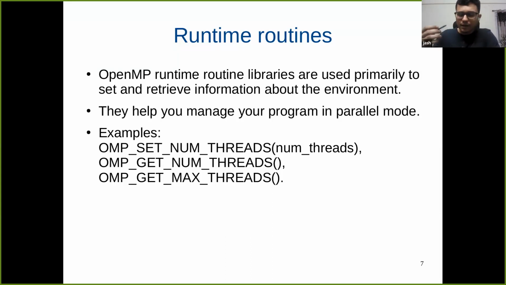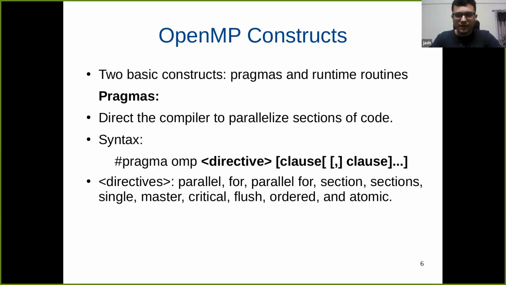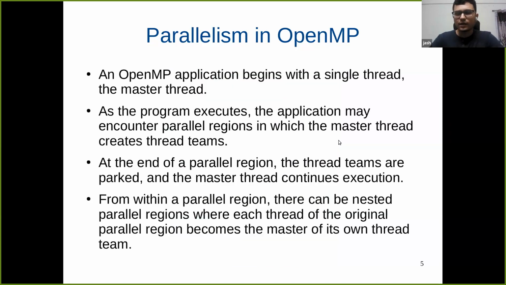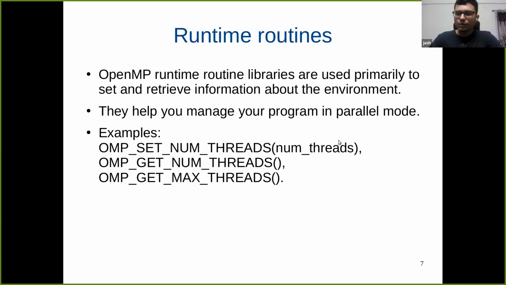Let us say that you are in the parallel region of the code, as we saw in the previous slides. Your execution is currently happening within this parallel region, and you want to query the number of threads that are currently executing. That information you can retrieve using the runtime routine known as omp_get_num_threads.